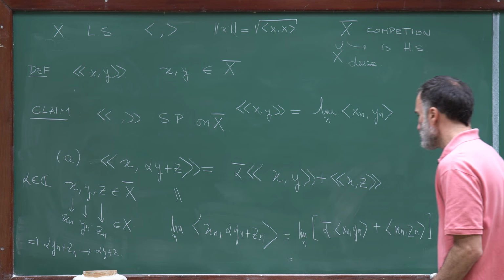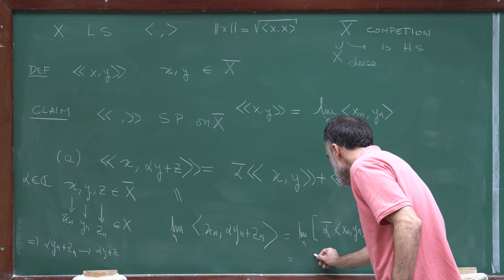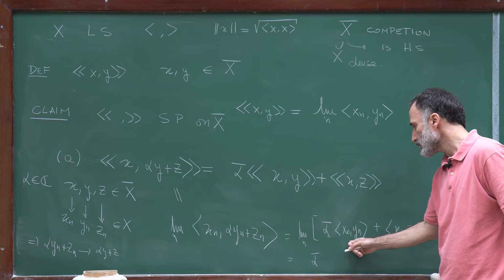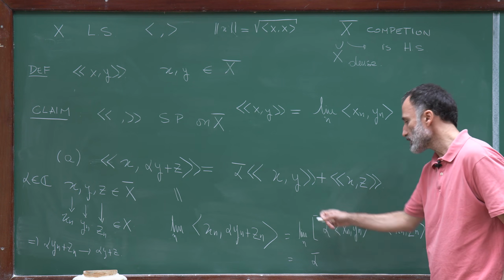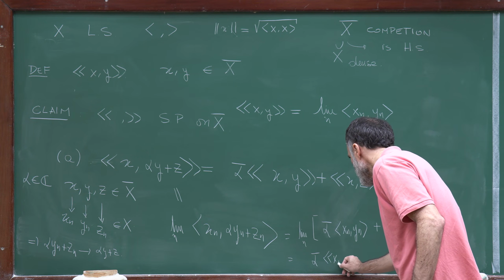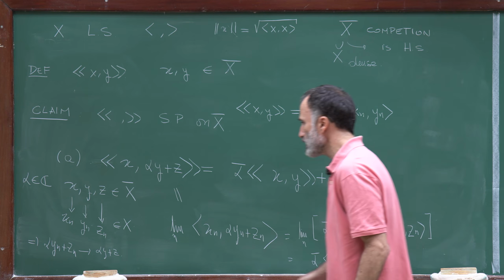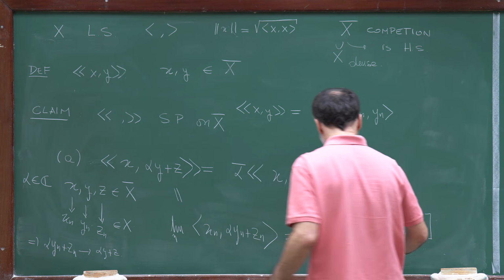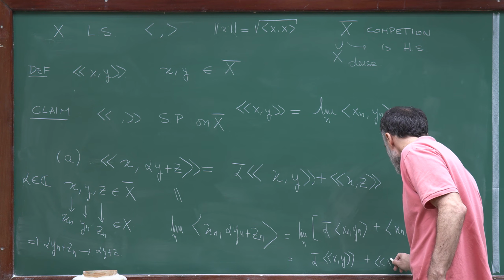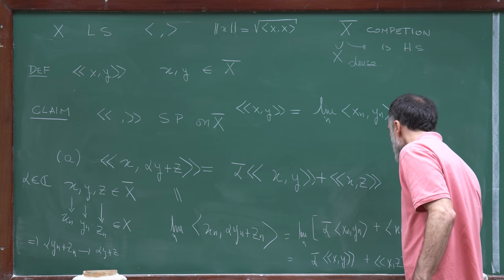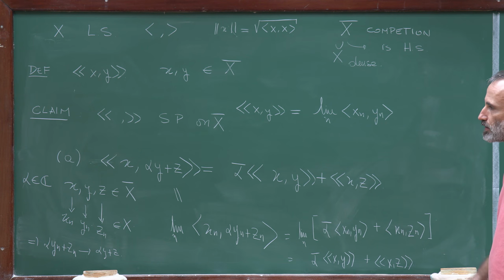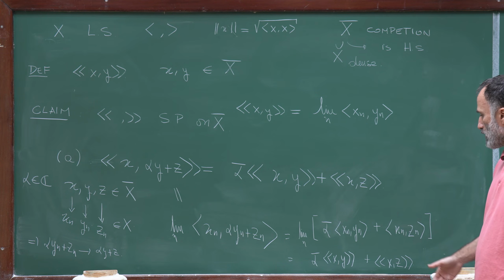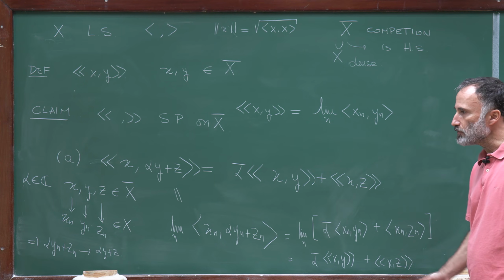By linearity of the limit, this is α times the limit of ⟨xn, yn⟩, but the limit of ⟨xn, yn⟩ is the scalar product of x and y, because xn is converging to x and yn is converging to y, and here also we have plus the scalar product of x with z. This completes the proof of this identity, and as I said, the proofs of the other properties of the scalar product are obtained in exactly the same way, and I leave that as an exercise.